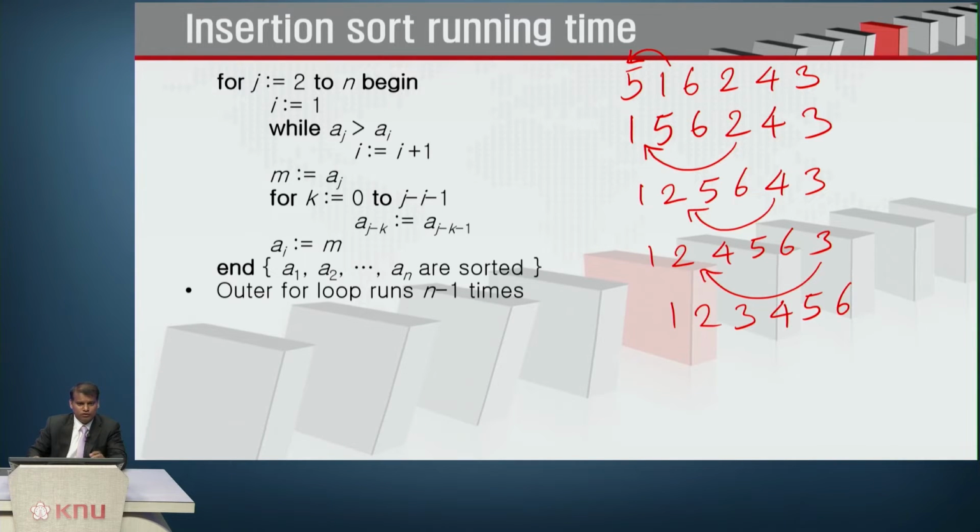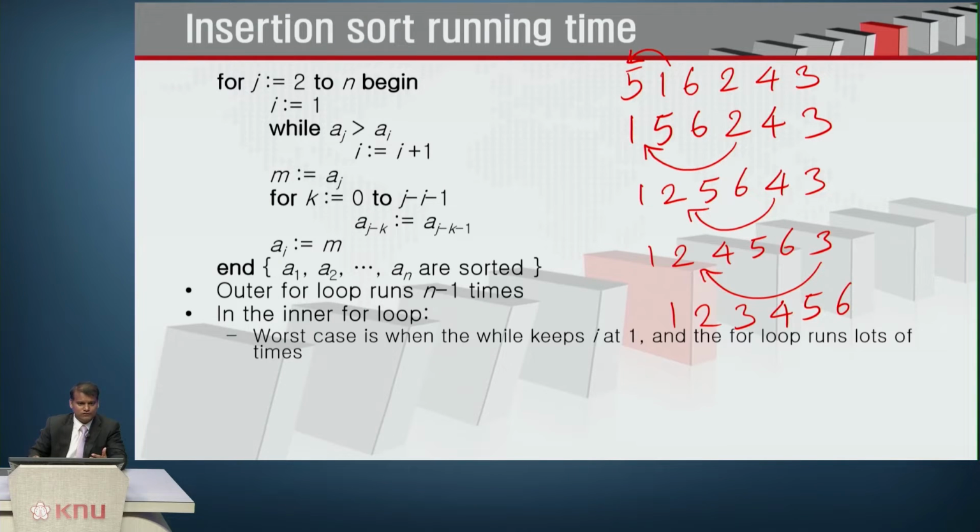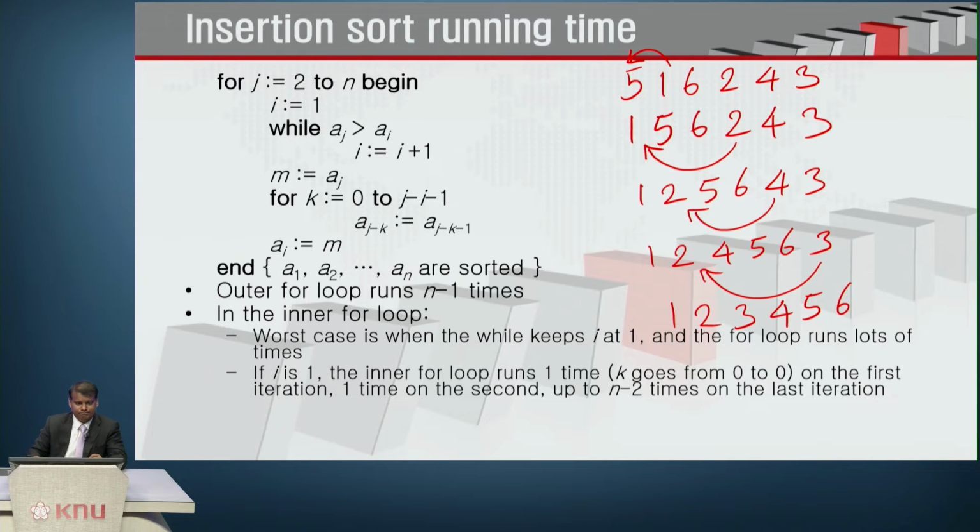Yes, the outer loop runs n minus 1 times. The inner loop, in the worst case scenario, would be like: if i is 1, the inner loop runs 1 time, and k goes from 0 to 0 for the first iteration.